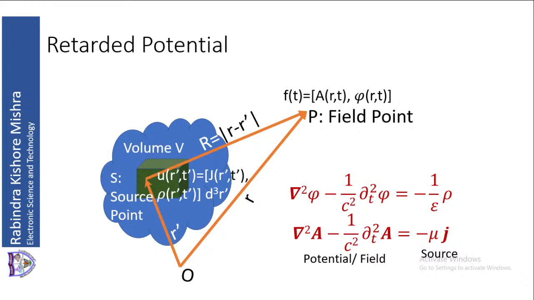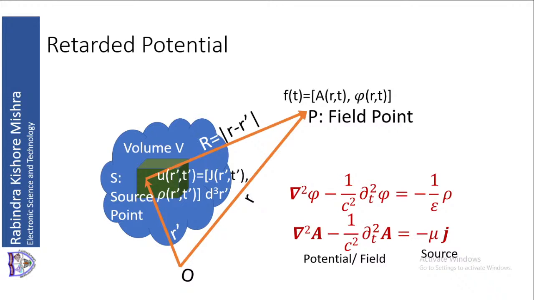Either of these two can be represented by F of t. Now if you use this concept in the wave equation, we can write del square U minus 1 by c square del square U by del t square is equal to F of t. That is how we can write the wave equations using this concept.